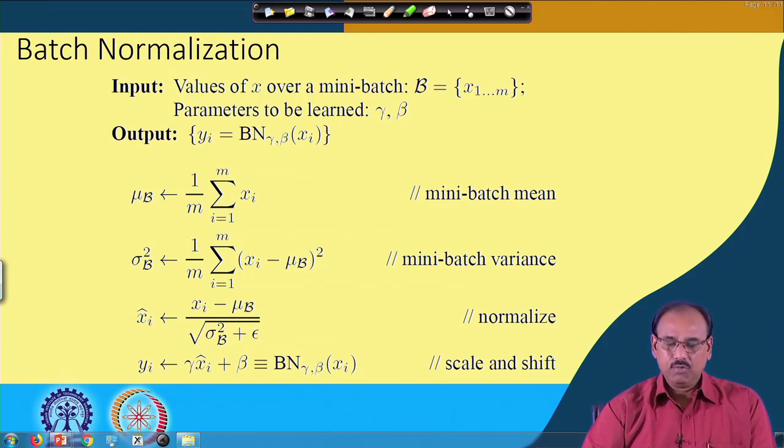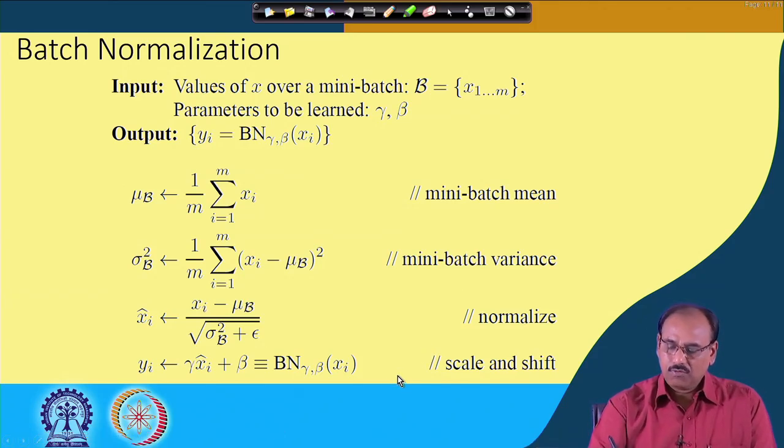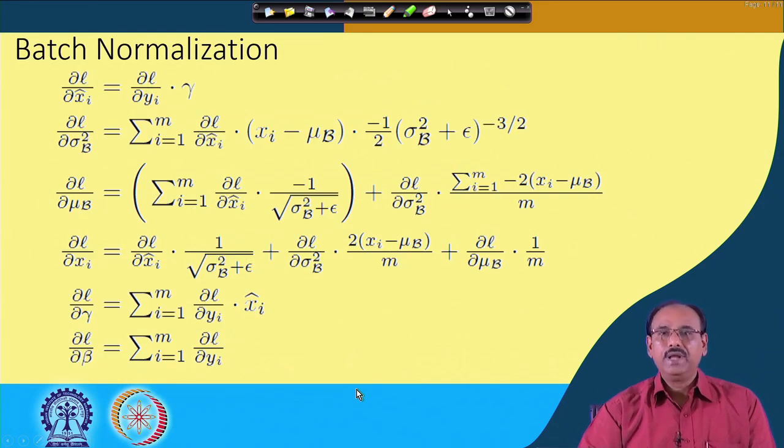So that means I will have mu 1, sigma 1, mu 2, sigma 2, and since I have C number of channels, I'll have mu C, sigma C, and so on. Once you compute this, the tuning of gamma and beta, which are the reparameterization or reprojected parameters, will again be by the gradient descent procedure.